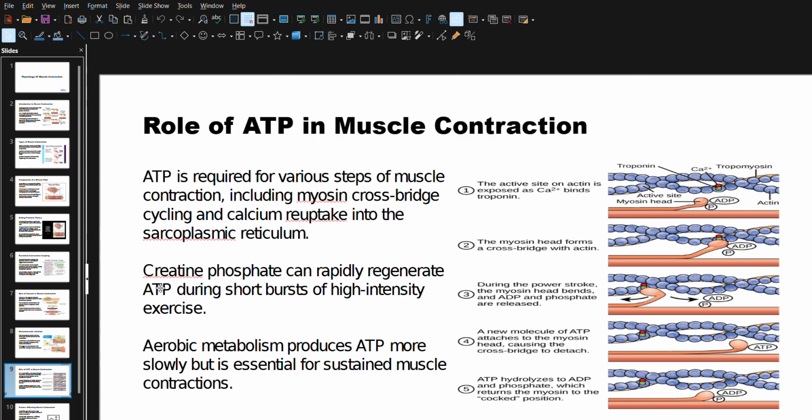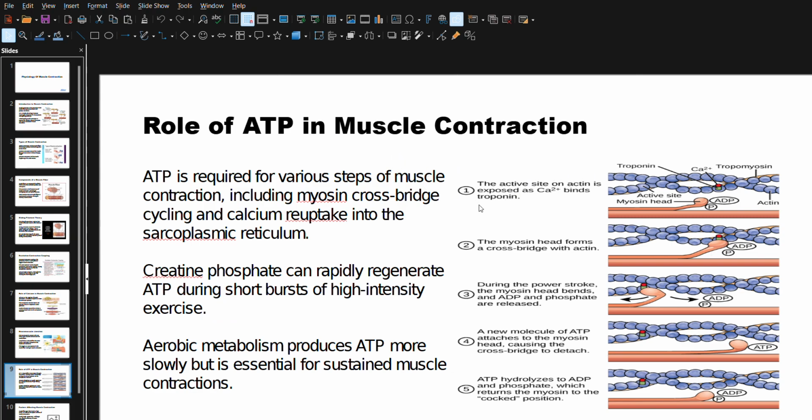Aerobic metabolism produces ATP more slowly but is essential for sustained muscle contraction. So this way ATP plays a major role in muscle contraction.